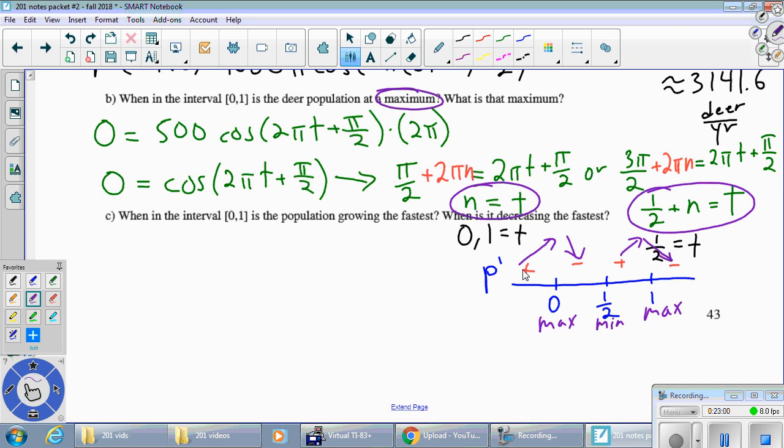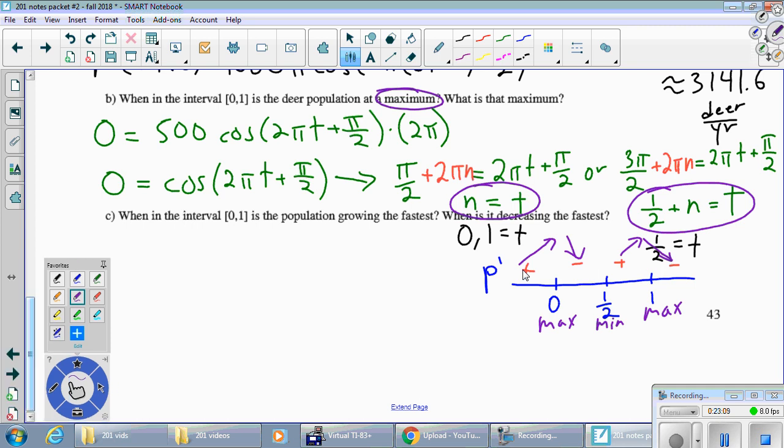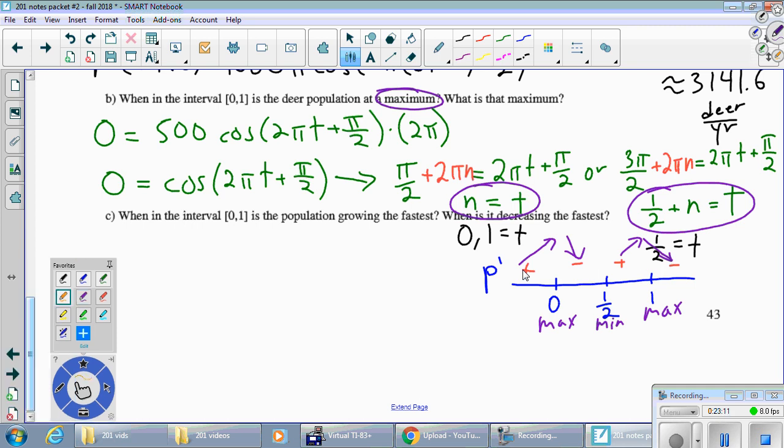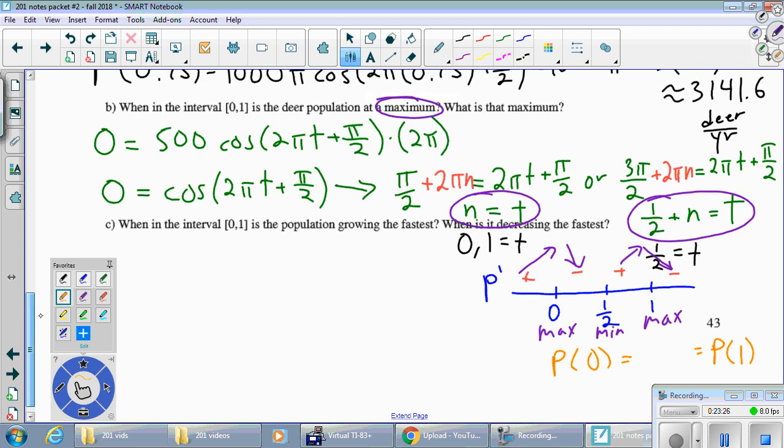Okay, so we got our maxes, and then finally, what is that maximum? So I think it's just asking for P of 0 and 1. So P of 0 is equal to, and I think P of 1 is going to be the same thing because I think our period here is just 1. All right. 2 pi. Yeah, so the period is just 1, so it'll be the same thing.